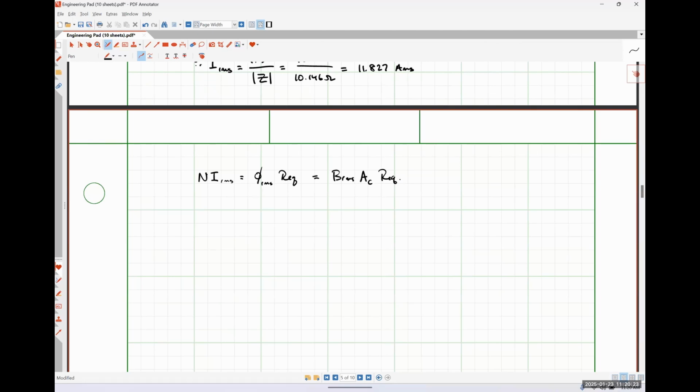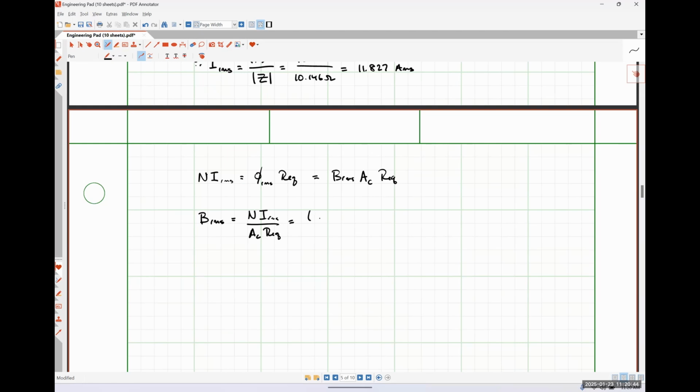Okay. So if I rearrange this, I should be able to say that the average value of the flux density in the core is just Ni over A times reluctance, right?